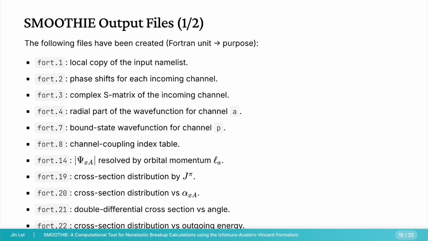4.14, the magnitude of the wave function in the unobserved fragment plus target channel, resolved by orbital momentum. 4.19, the cross-section distribution by total spin and parity. 4.20, the cross-section distribution versus the channel index of the unobserved fragment. 4.21, the double differential cross-section versus angle. 4.22, the cross-section distribution versus outgoing energy. 4.23 and 24, partial cross-sections grouped by the orbital angular momenta of the detected and spectator fragments.